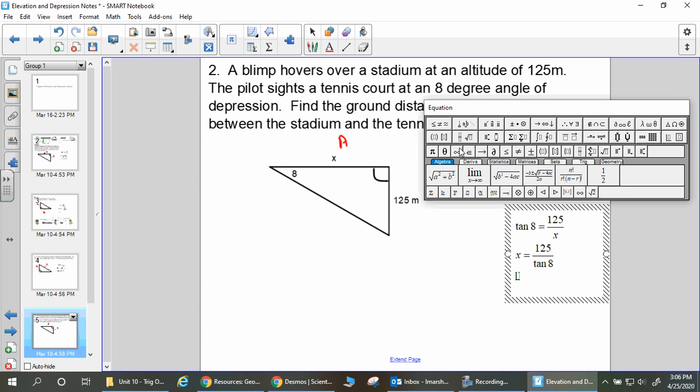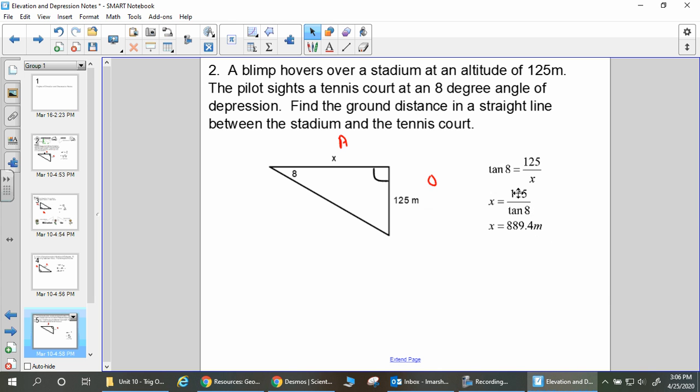Just make sure you're entering things carefully. Remember, if yours is a calculator where you need to put numbers in before the word, make sure we're doing that. In this case, our x is going to equal 889.4, and once again, this was measured in meters. So make sure we are putting a unit since we are talking a word problem. And there's our answer for number 2.